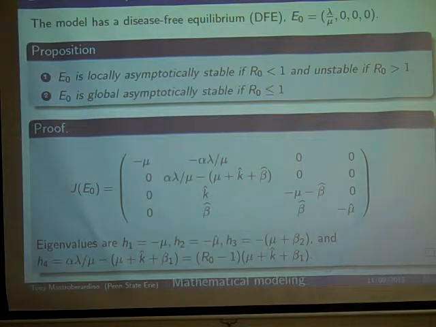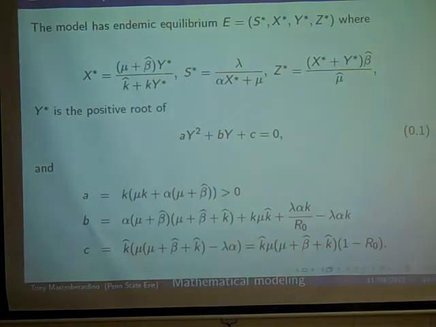And it turns out also that the disease-free equilibrium is also globally asymptotically stable, and this was part of what we did, which was to prove that by using differential inequalities, and there was a proof by contradiction. All right, if the disease-free equilibrium is unstable, there's an endemic equilibrium point, given by these equations here.